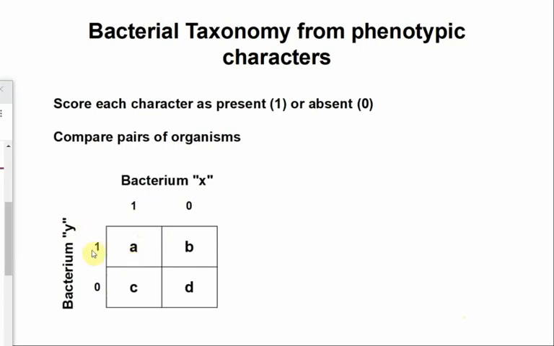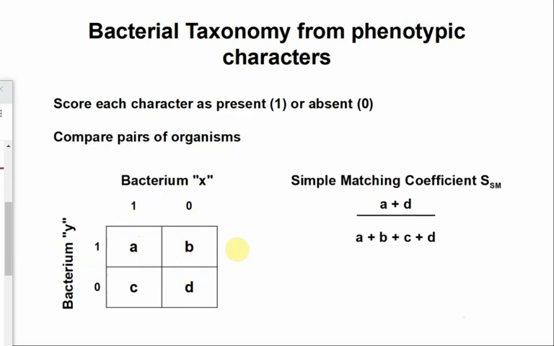Bacterium Y ferments lactose, but bacterium X does not ferment lactose, so that's one character that goes in this cell of the table. So you count up the number of characters corresponding to these different situations, and then you can calculate a matching coefficient to tell you how close the bacteria are to each other in phenotypic terms.